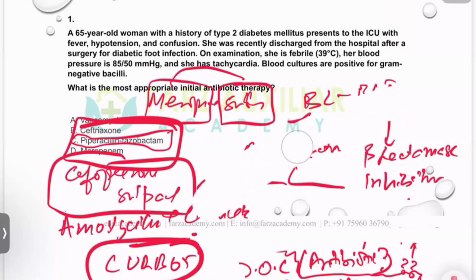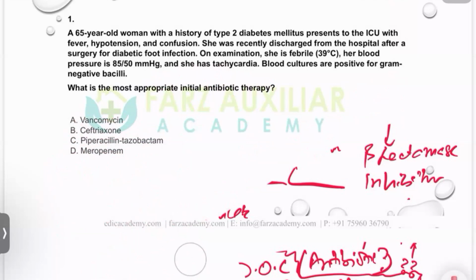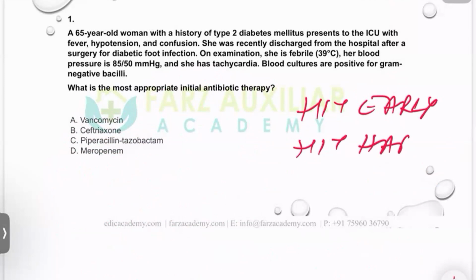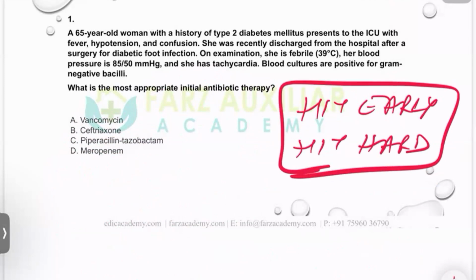Okay. So what is the concept of antibiotic choice in septicemia and septic shock? The concept is hit early, hit hard. So we are going to hit early and hit hard with the help of meropenem.